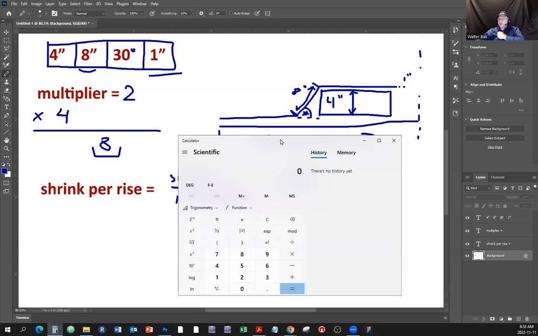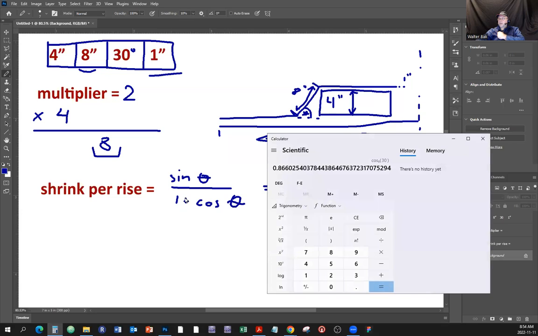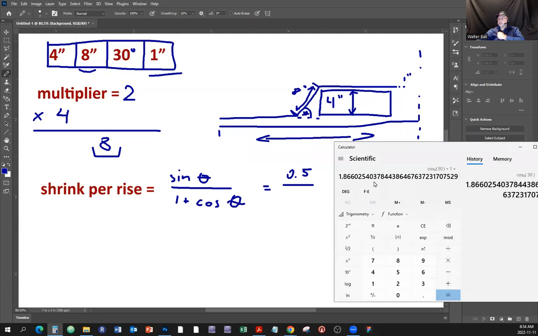Okay, cosine of 30 degrees, trigonometry. Cosine is 0.866, blah, blah, blah, right? But we have to add 1 to it, so we're going to go plus 1. All right, so we get 1.866, whatever.